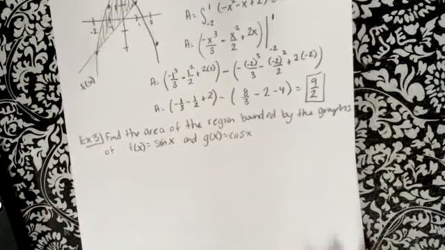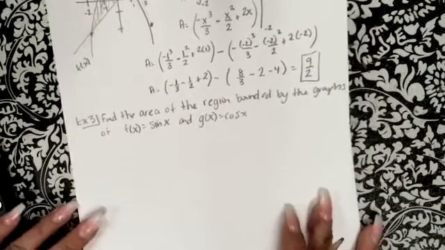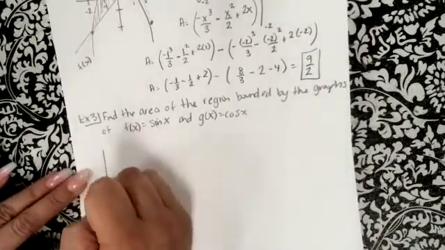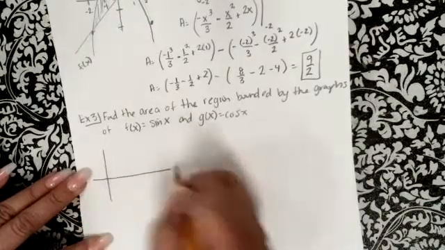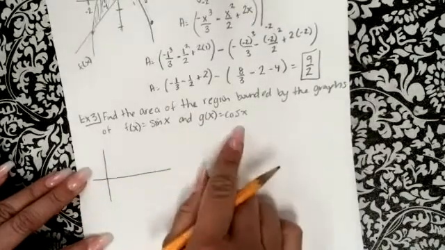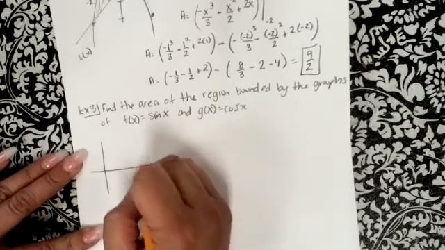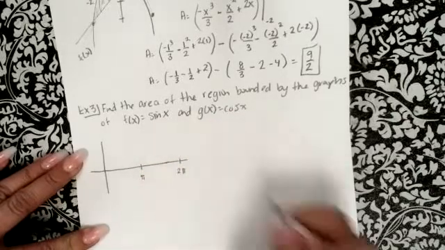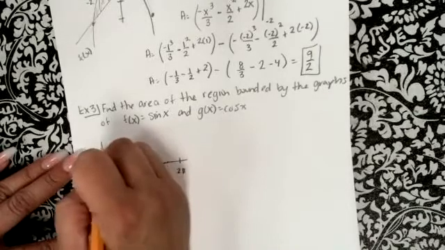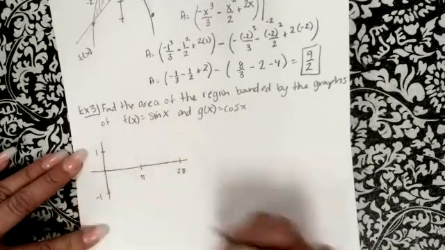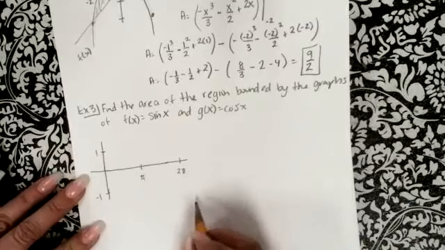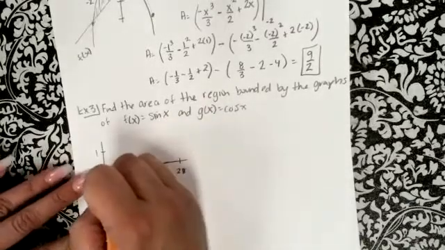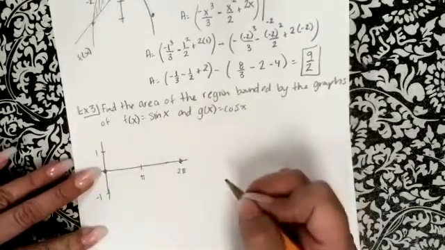Now, we have to be familiar with the graphs here. Sine x and cosine x complete a full cycle in 2 pi. And they go up to +1 and down to -1. Now the sine graph starts at 0, ends at 0.